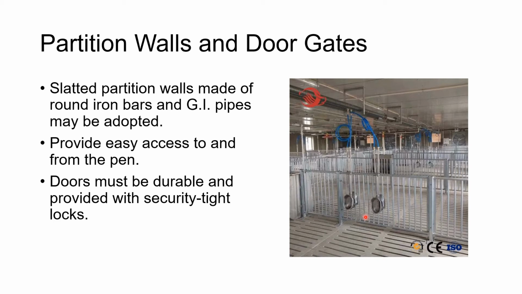Wood is also possible, indigenous materials we can get in our backyard, especially if you're just a backyard operator. Partition walls made of wood are fine, as long as they are sturdy and durable and not easily damaged by sows or boars.